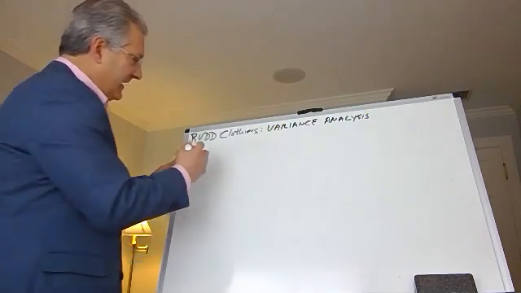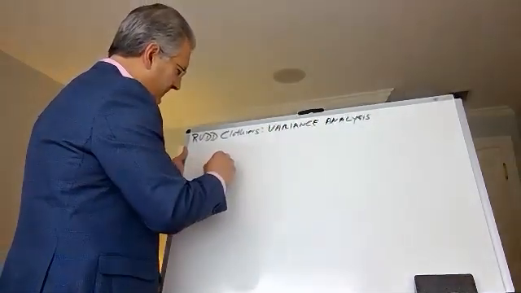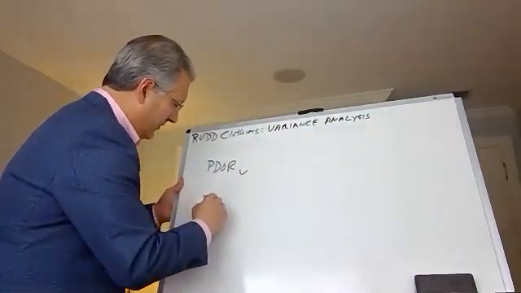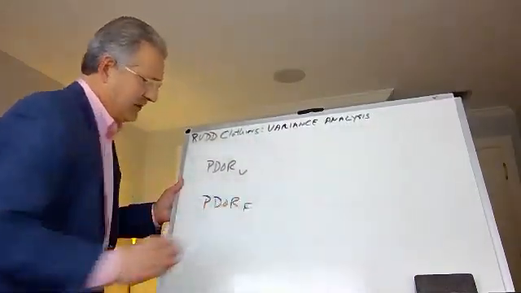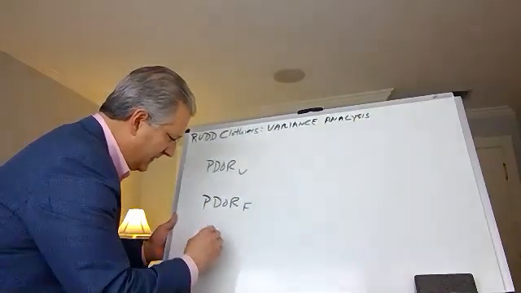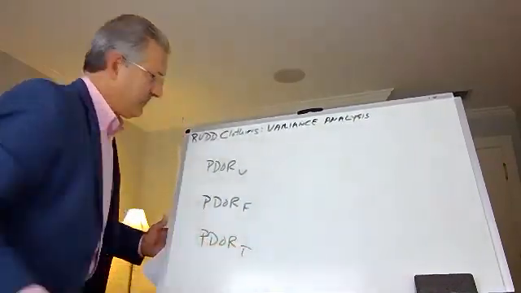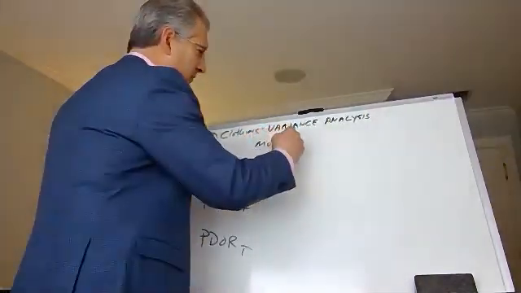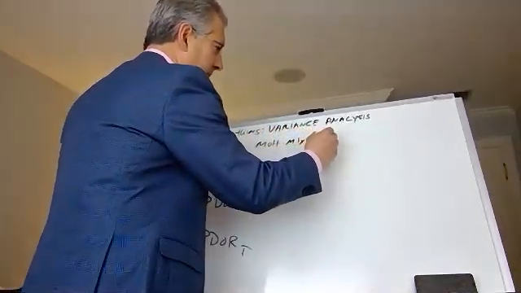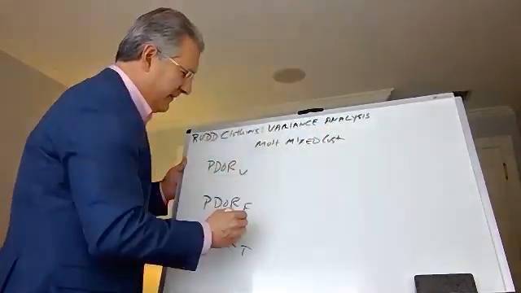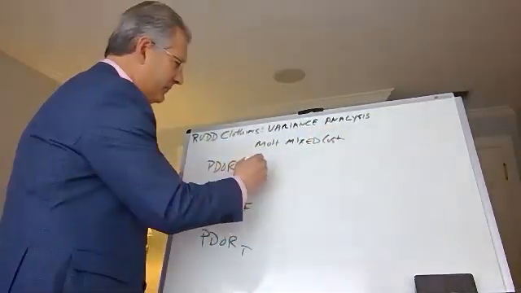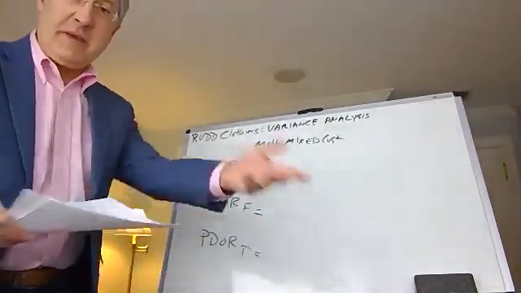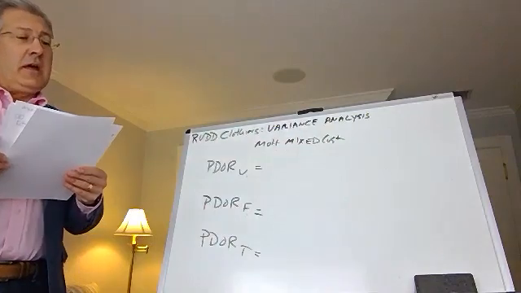So we're interested in calculating PDOR variable, PDOR fixed, and while we're at it, PDOR total. Remember, MOH is a mixed cost. It includes both variable and fixed. The formula, as I mentioned, is total estimated overhead divided by total activity base.